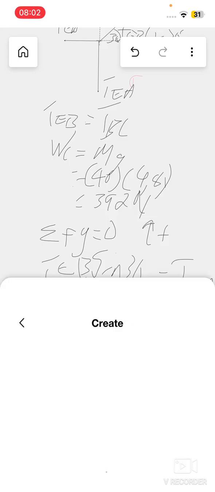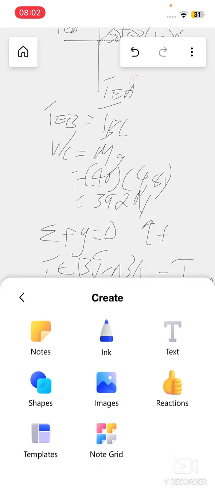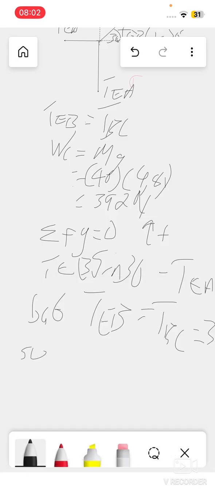Therefore, we can substitute this TEB into equation 1.